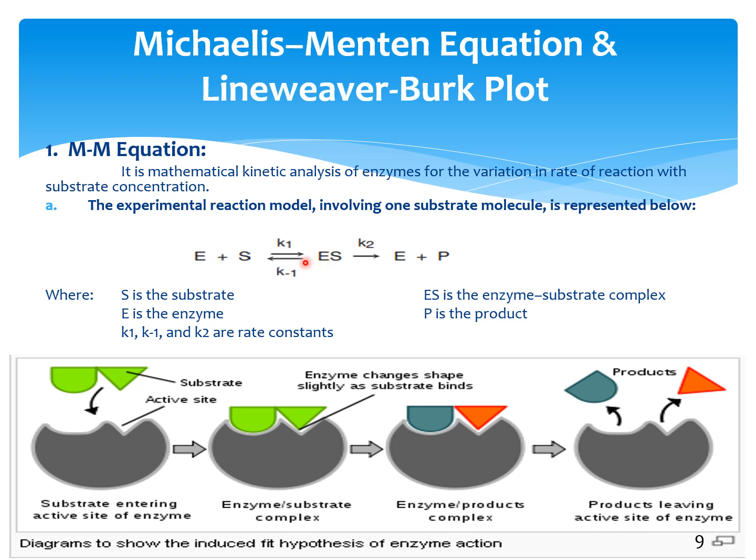They also propose this reaction as a reversible reaction having different rate constants. Enzyme substrate complex is then converted into enzyme and product, having another rate constant. S is the substrate, E is the enzyme, ES is the complex, and P is the product, while K1, K-1 and K2 are rate constants.